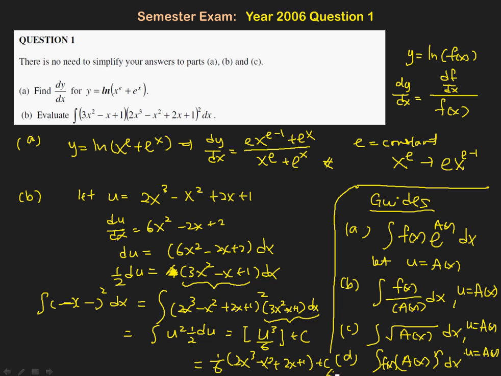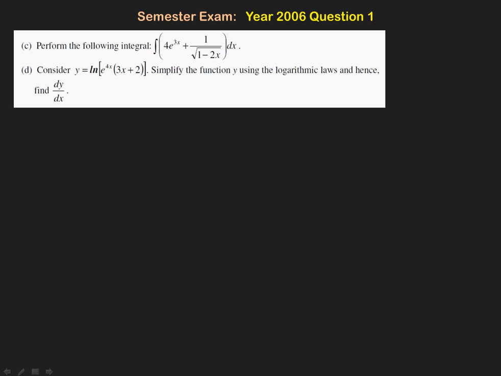Moving on to another question. Perform the integral. Wow, this seems very difficult, but sometimes if you keep calm and think through the problem, you see how simple it actually is. I'm going to show you why it is simple.